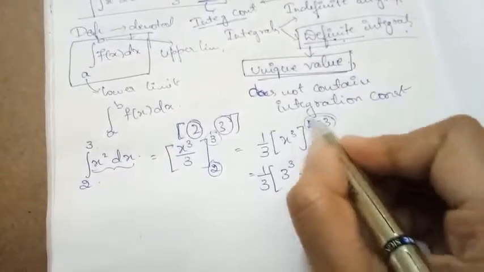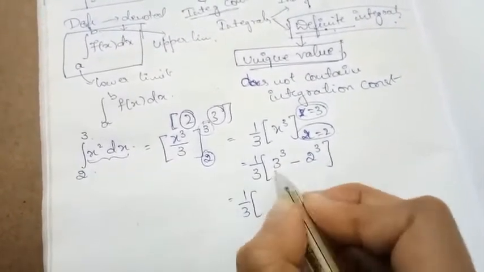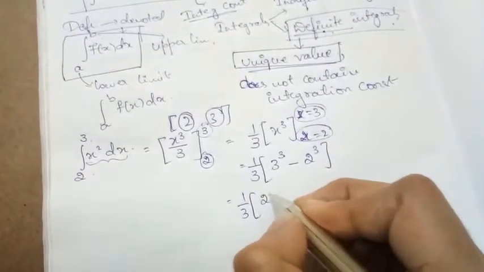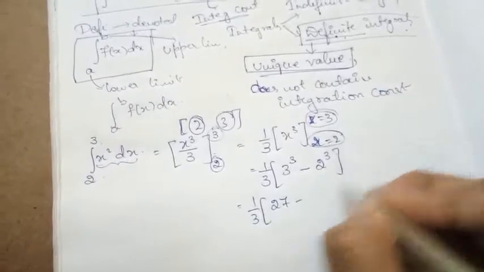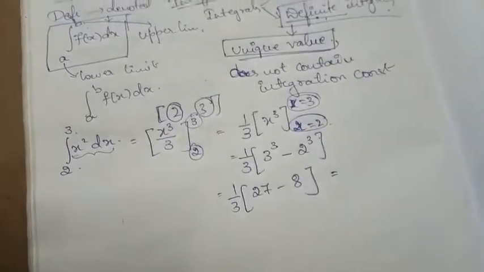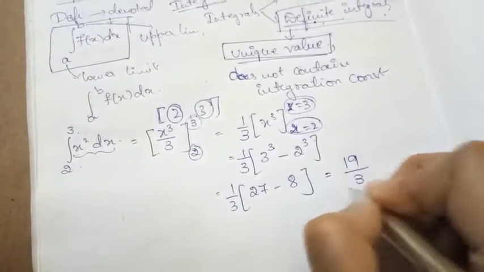Now 1 by 3 times 3 cube: 3 times 3 is 9, 9 times 3 is 27; 2 times 2 is 4, 4 times 2 is 8. So 27 minus 8. What will be our value? It is 19 by 3.